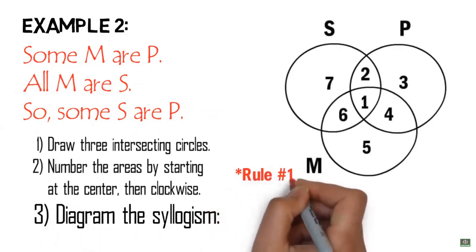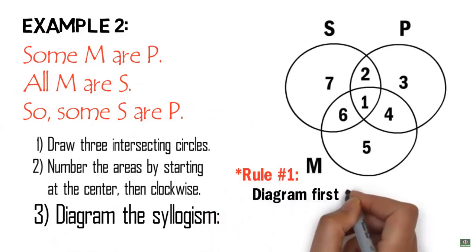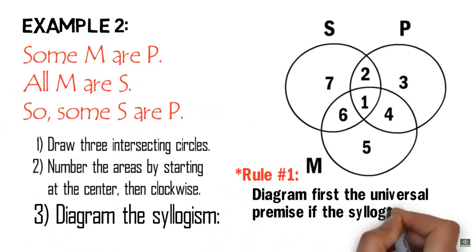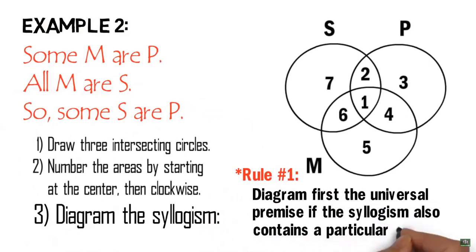As rule number 1 says, we will diagram first the universal premise if the syllogism also contains a particular premise.